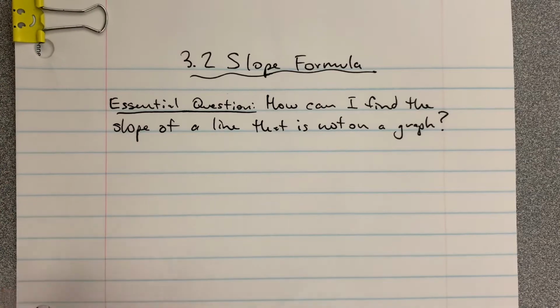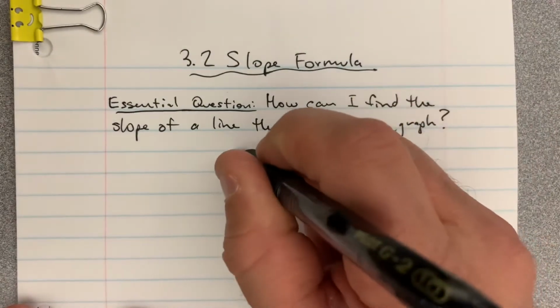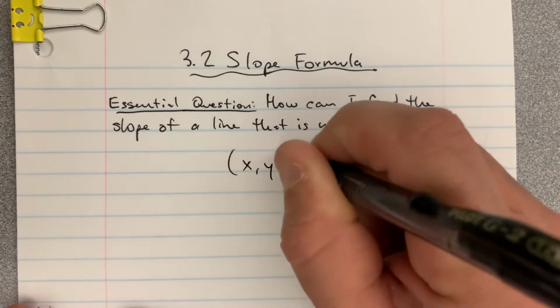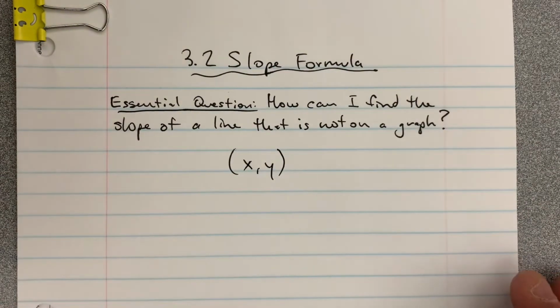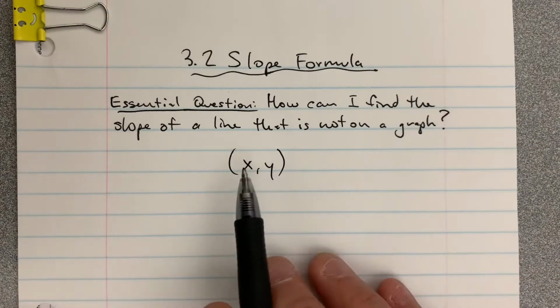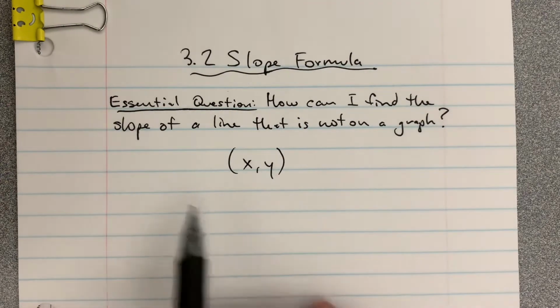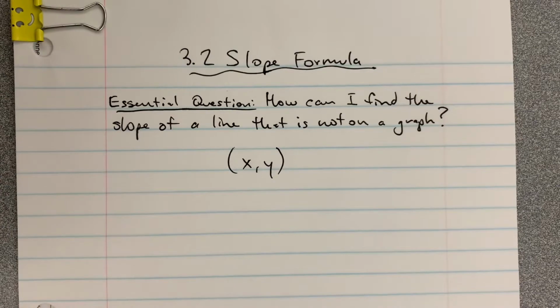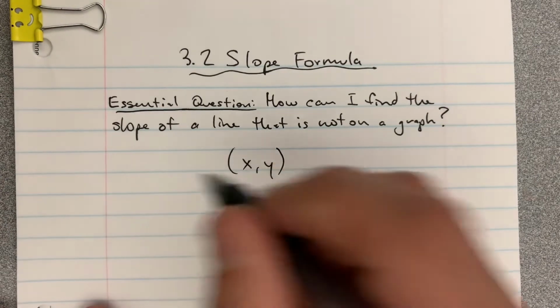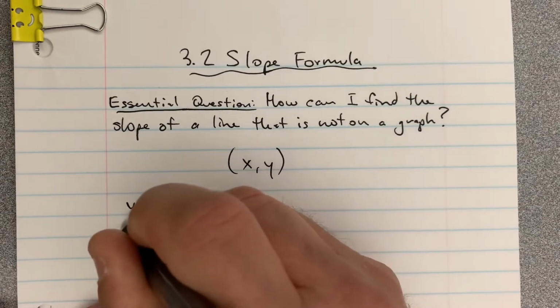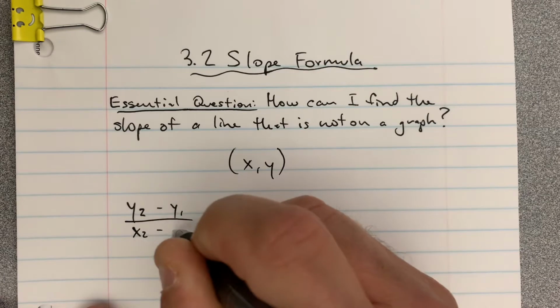All right, so the main thing here is we need to understand that this is what we call an ordered pair. Now, normally we have numbers in here, but the first number is the x, and the second number is the y in our ordered pair. The formula that we're going to use today is y2 minus y1 over x2 minus x1.